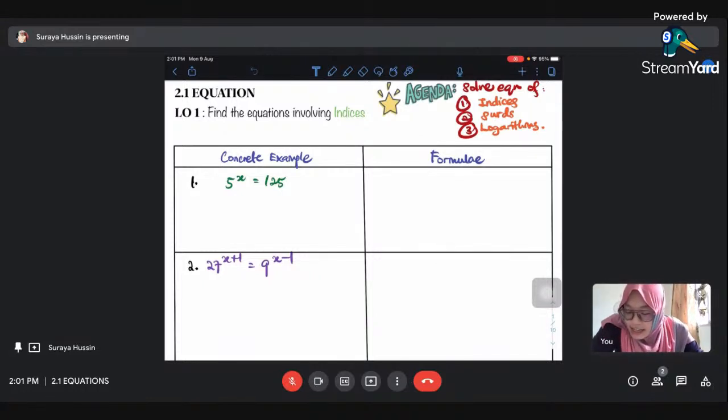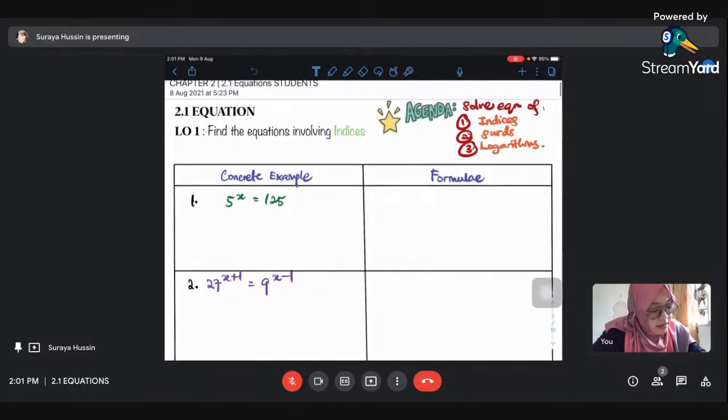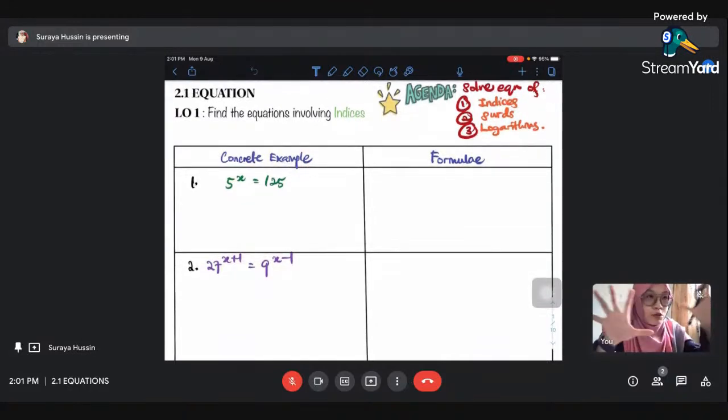So, okay, marilah kita mula ya. Chapter 2, welcome to chapter 2. Chapter 2 kita ada 3 subtopik. Subtopik yang pertama adalah equations. Subtopik kedua adalah inequalities. Subtopik yang ketiga adalah absolute values. Okay, so now kita akan fokus dengan 2.1 equations dahulu.